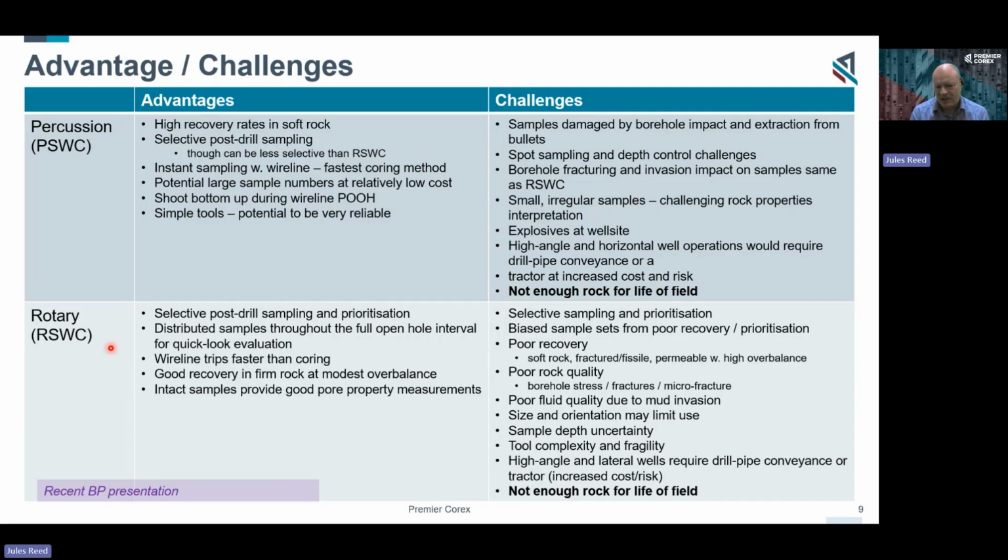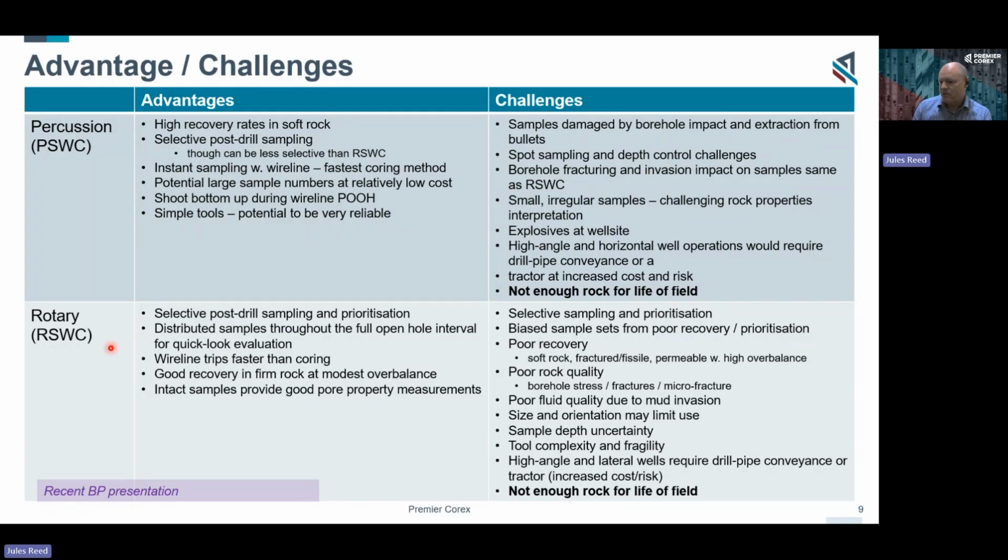Rotaries in soft sediments can be quite poor. Maybe not acquiring core, or acquiring smaller diameter than is expected, or smaller portions than expected, because of the softer and potentially more fissile nature of the rock that it's drilling into.